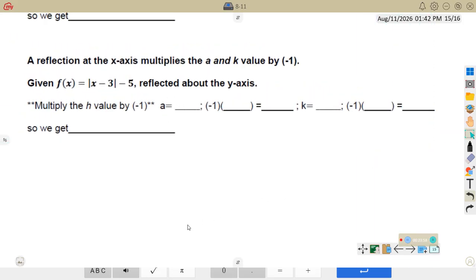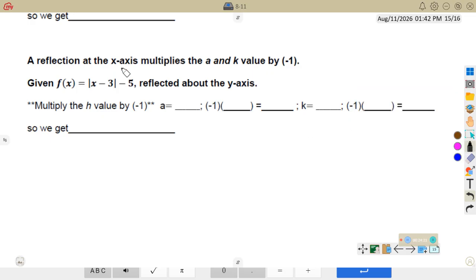All right. A reflection about the x-axis. Again, don't be sitting here thinking, what is this reflection? The problems you're going to have are going to look like this. It's going to say, if this is reflected about the y-axis, you're going to do this. That's it. No big whoop.